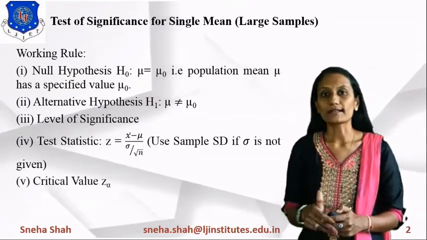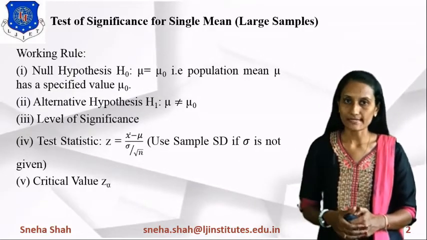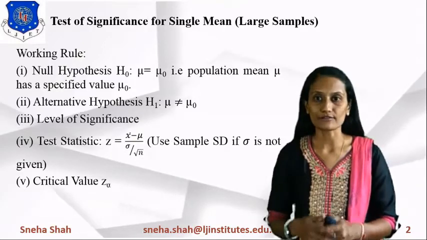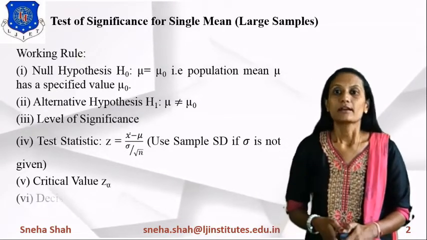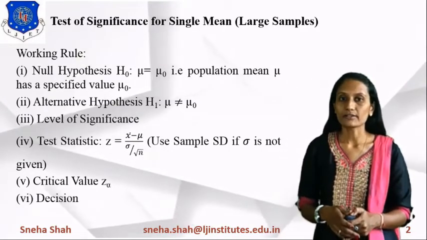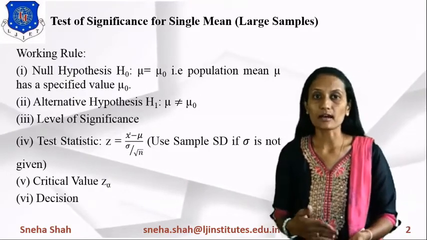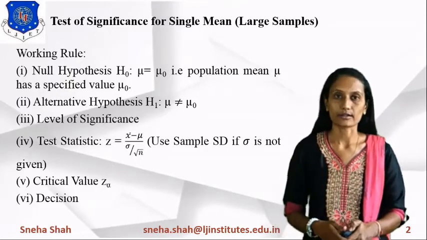Then we find the critical value of Z from the Z table and compare the calculated value of Z with Z alpha. After comparison, we give a decision on whether the assumption is correct or not.